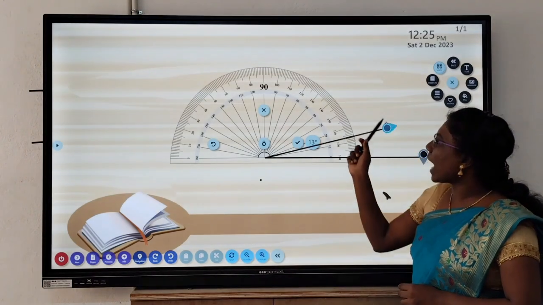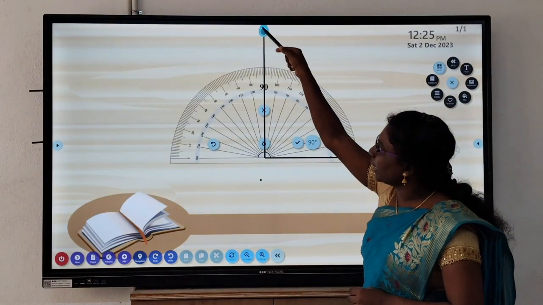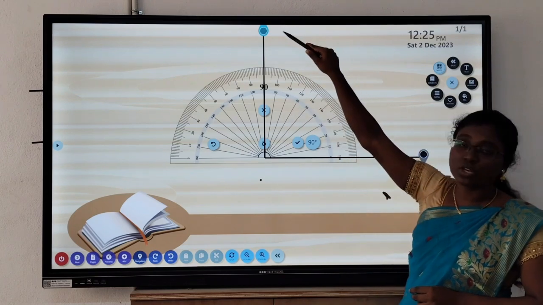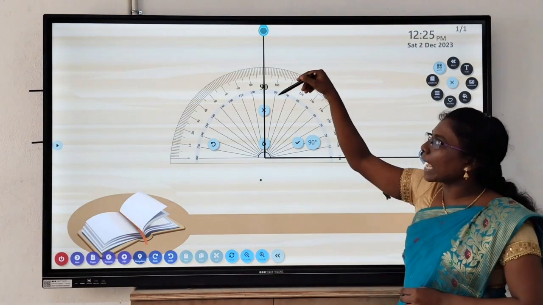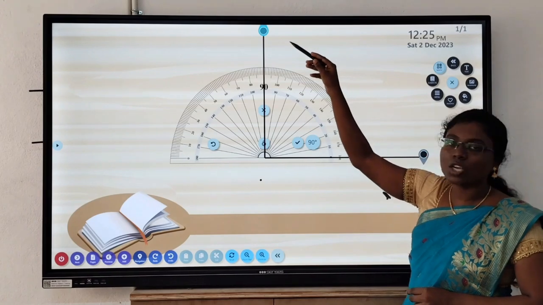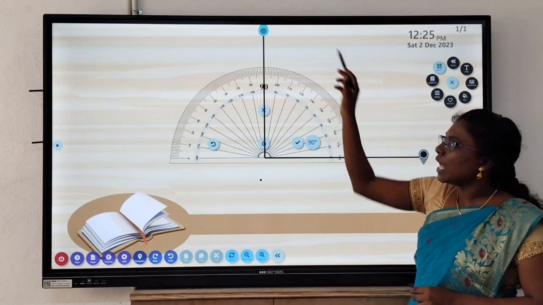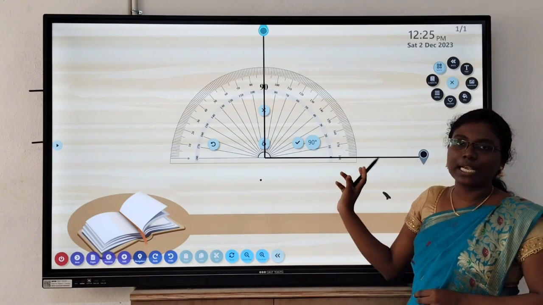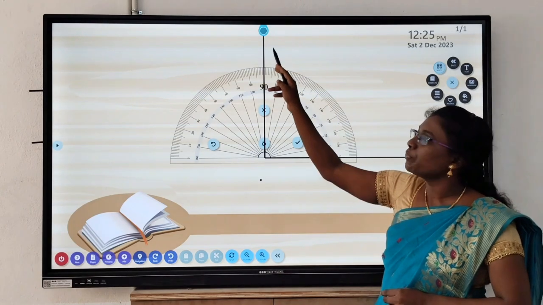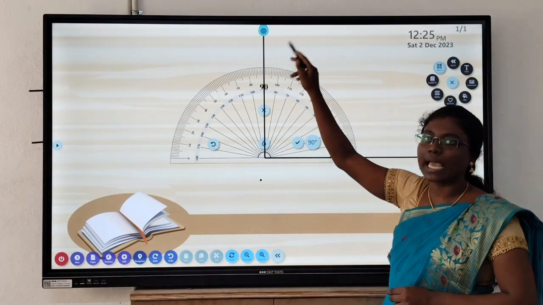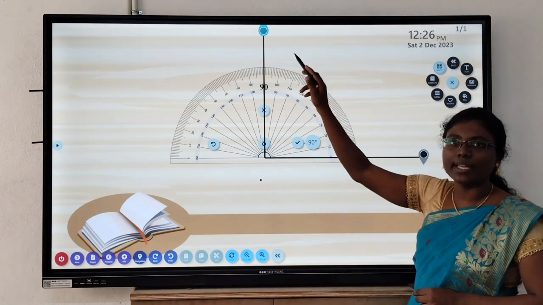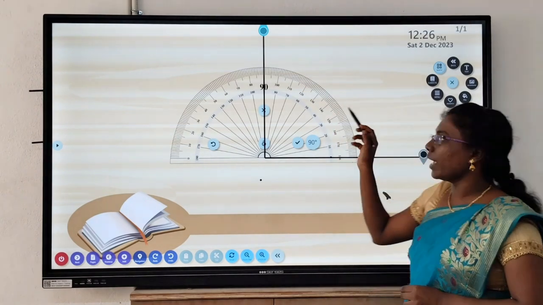Next you have 90 degree. In the straight line you can see a 90 degree. That is called the right angle. If it measures exactly 90 degree, it is called the right angle. Okay.